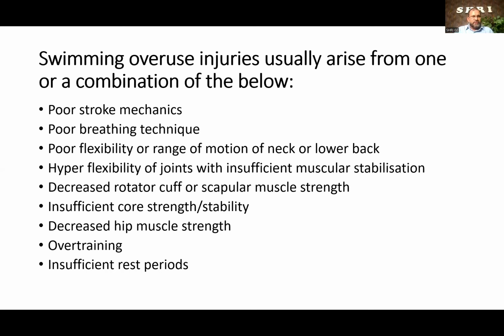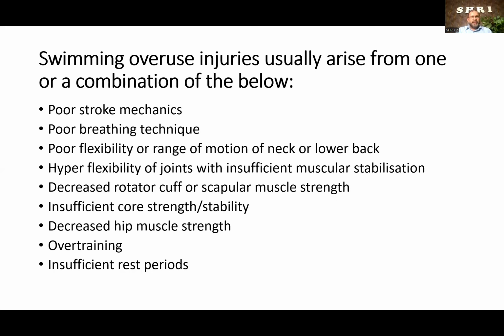And poor flexibility or range of motion of the neck or lower back. So that is very much needed, the movement of the neck and the back when you swim. So it has to be at its maximum flexibility and range of motion. Then hyperflexibility of joints with insufficient muscular stabilization.